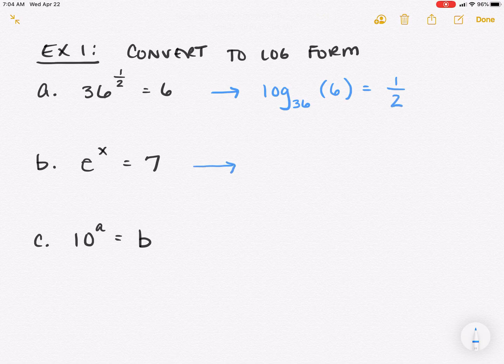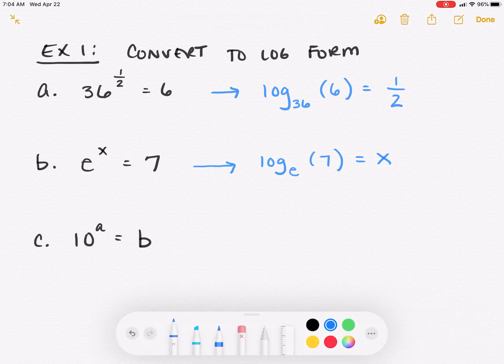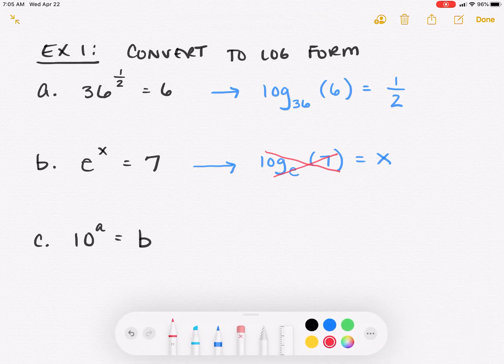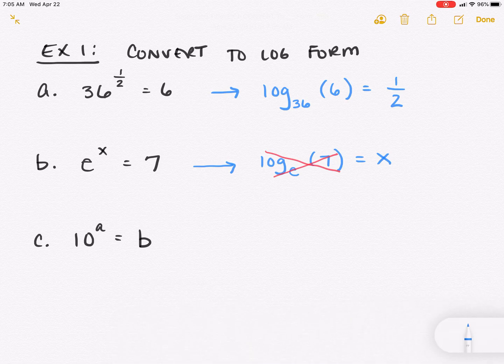This one, because of the e, I'm going to essentially use the natural log. But what I tell a lot of students getting started is, I know it's more comfortable, go ahead and make it log base e of 7, and that's going to equal the exponent x. But what I need to train you to do eventually is you cannot leave it like this. It just looks incredibly weird and funny to anyone who understands math.